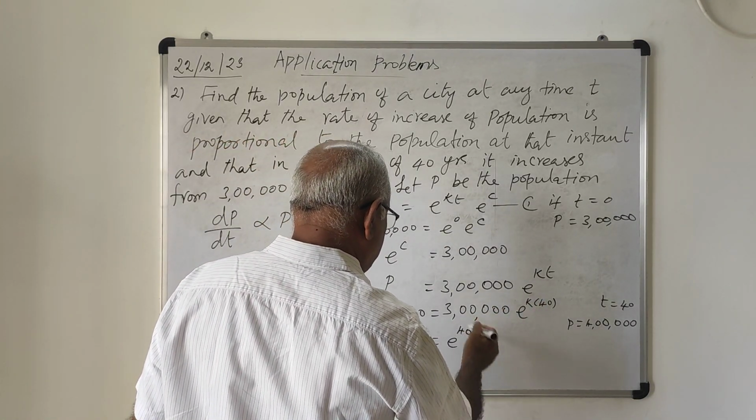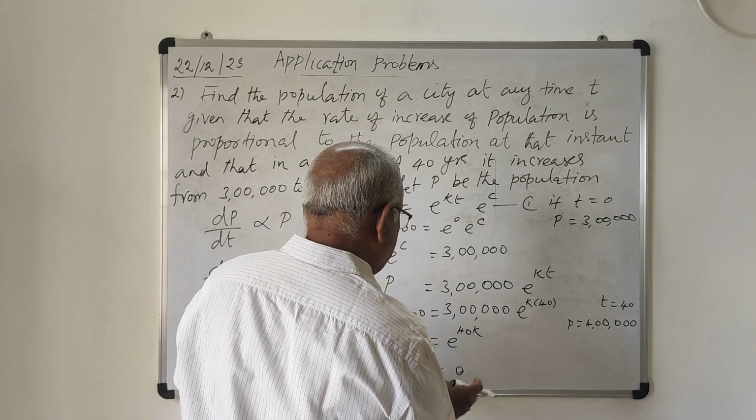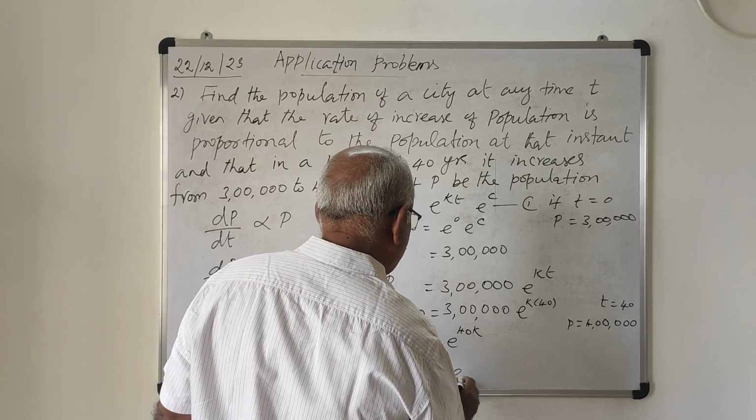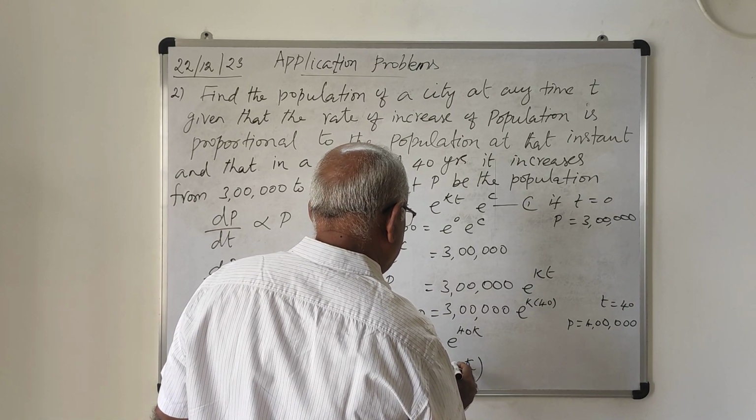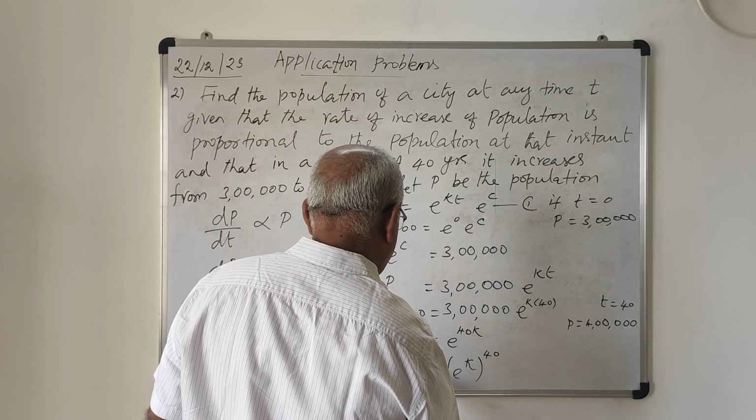Now this is e power k, the whole power 40, equal to 4 by 3.